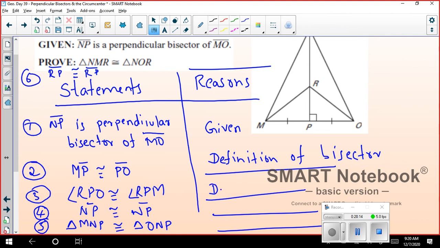That's right. And the next one that we have was NP equals NP, which is your reflexive property.